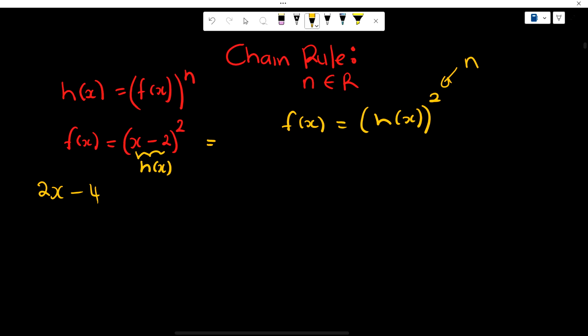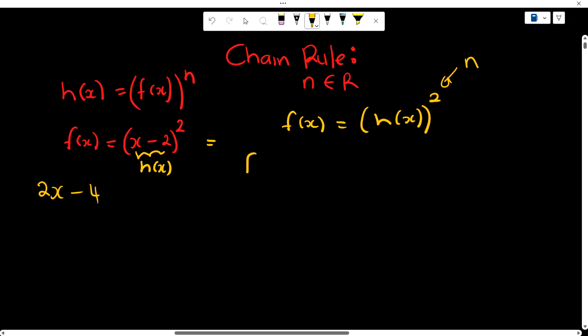Now how would I go about differentiating this? Well, the formula, which also comes from first principles, states that if I want to differentiate this function, then f prime of x will be n times the function inside, raised to n minus 1, multiplied by the derivative of the function that's inside.